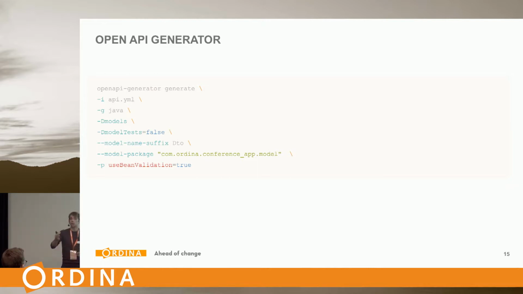That's the way that we transfer data, the way that we communicate. And I want to set bean validation to true, kind of hard word to say, so that if things are required in my specification, I also want them to be marked as required in the code. So let's now check out what will be generated from this command.